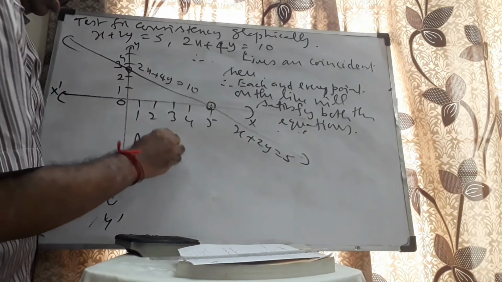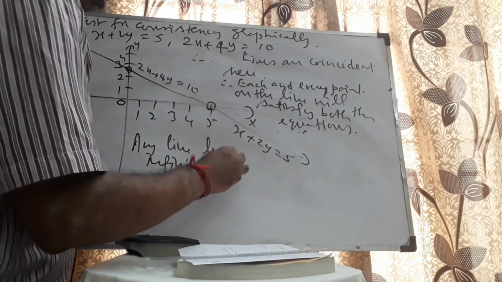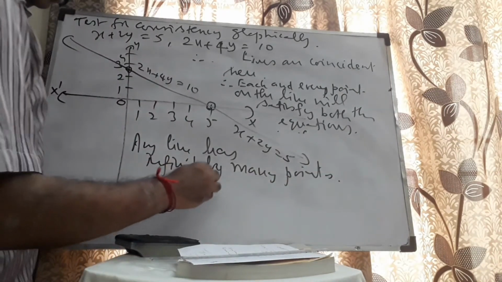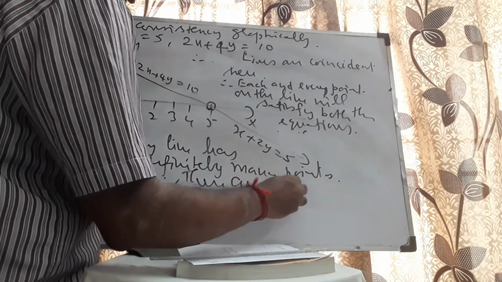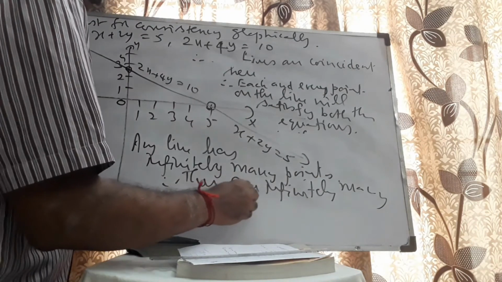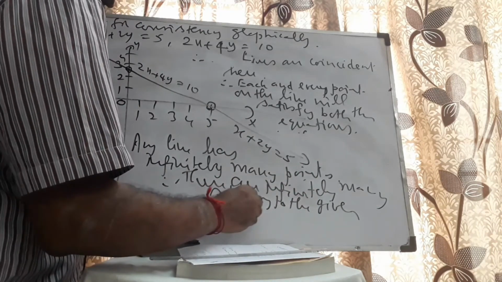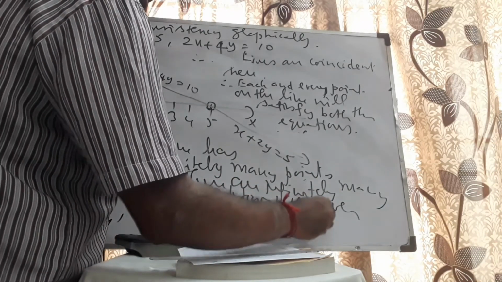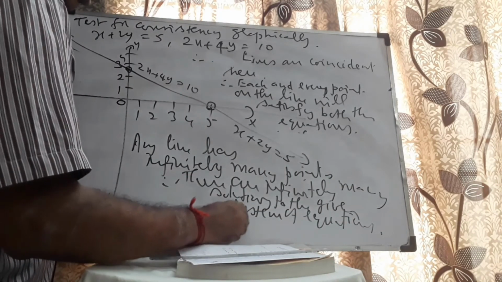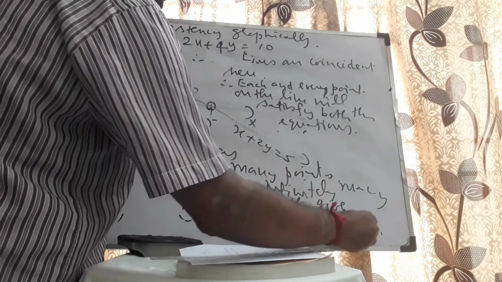Any line has infinitely many points. Therefore, there are infinitely many solutions to the given system of equations. Therefore, system is consistent here.